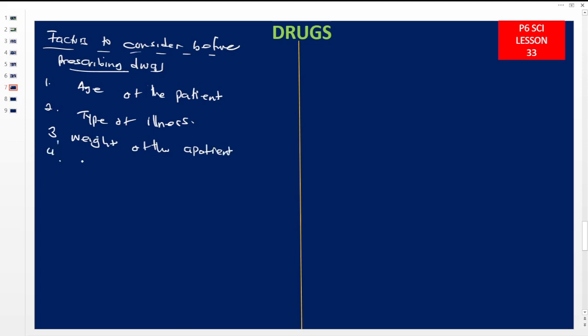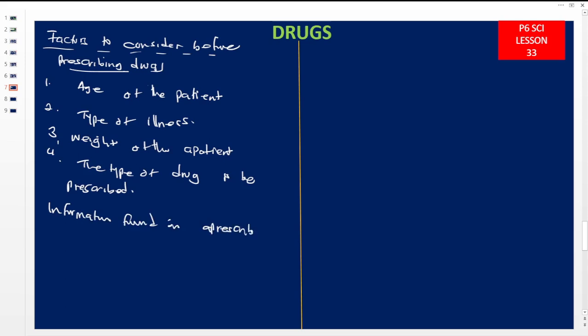Then the type of drug to be prescribed. Now let us look at the information found on a prescribed drug.